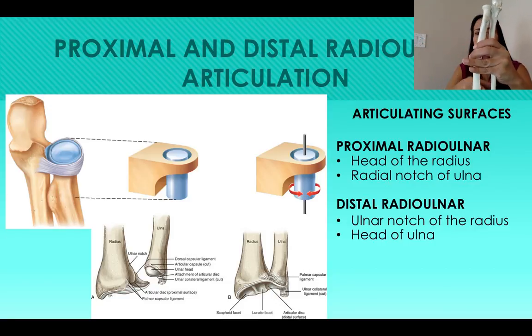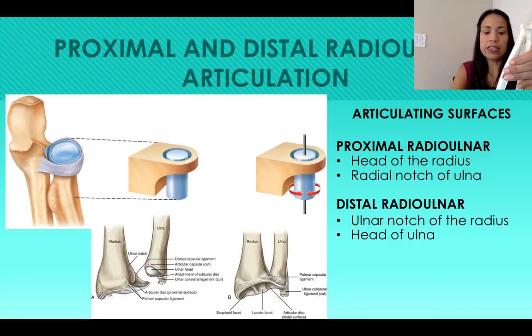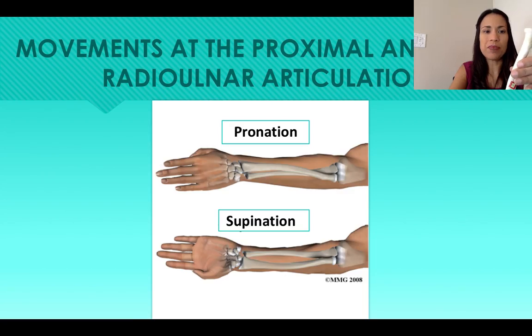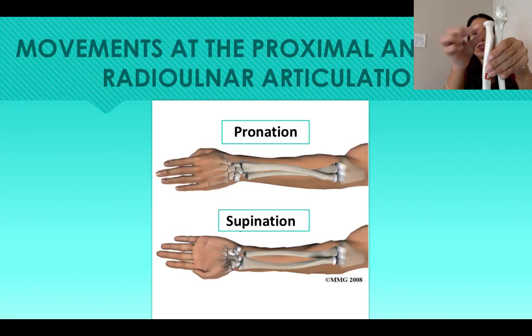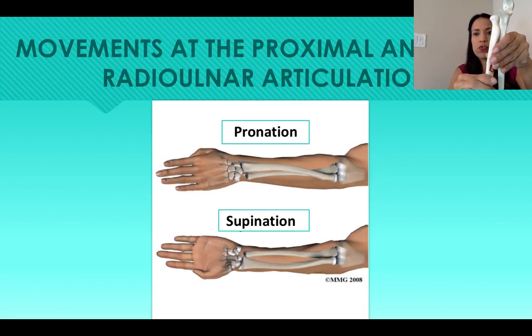In between, remember, is the interosseous membrane. What movements do these articulations allow? This is a pivot articulation. There's a ligament in here keeping these two together. So the movement is a pivot movement.